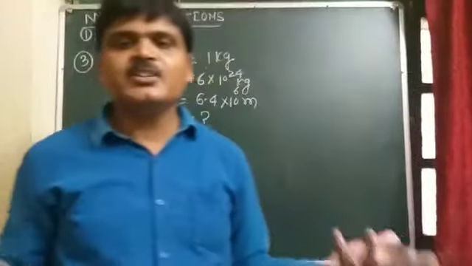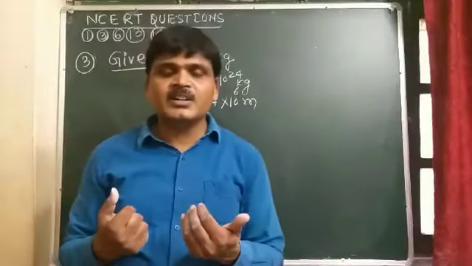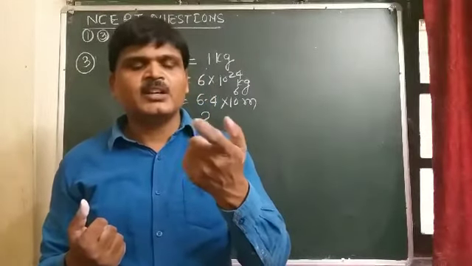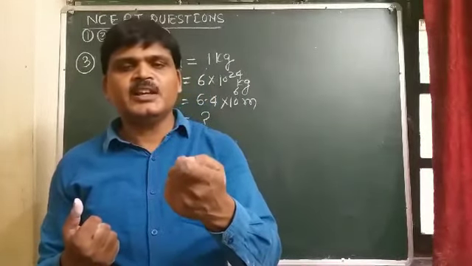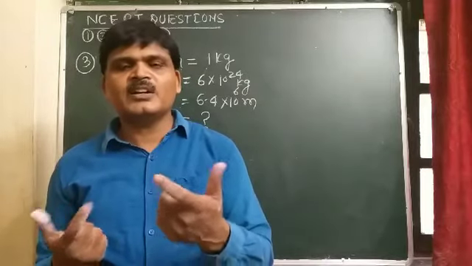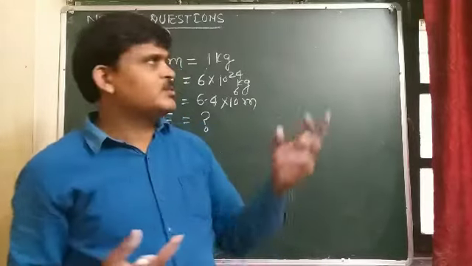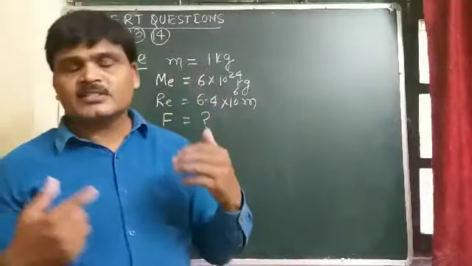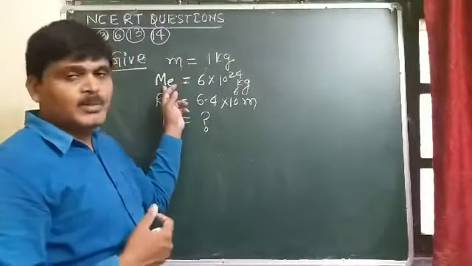And student, you already know the formula of gravitational force acting between two objects: F equal to G m1 m2 by r square or d square. But here m1 is the mass of the object, and the second object is the Earth.